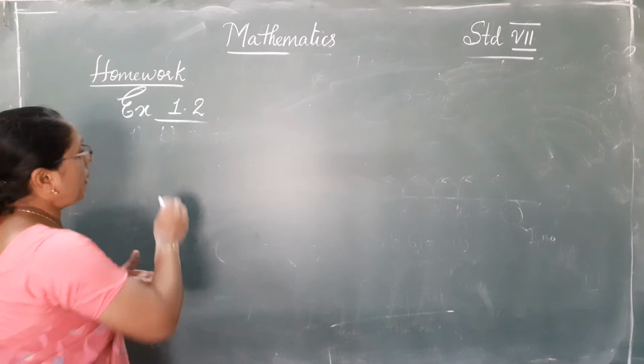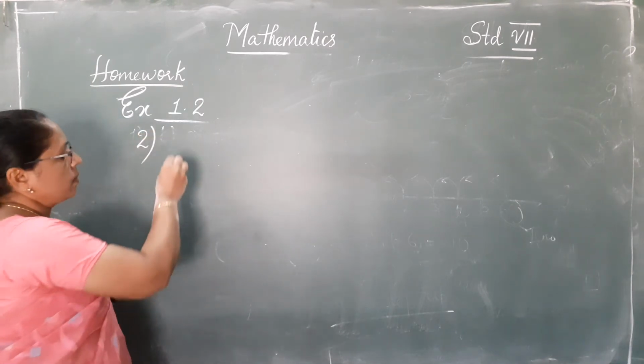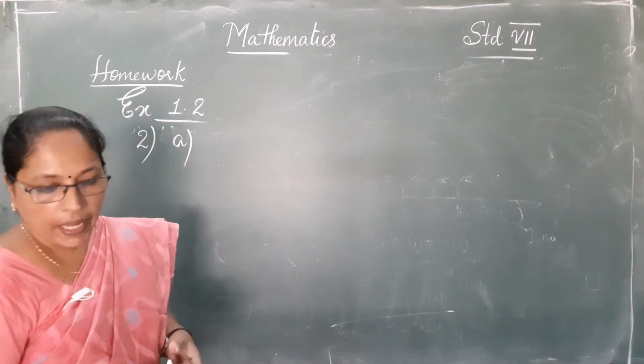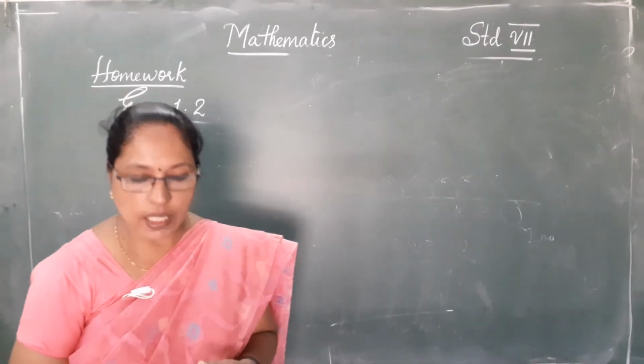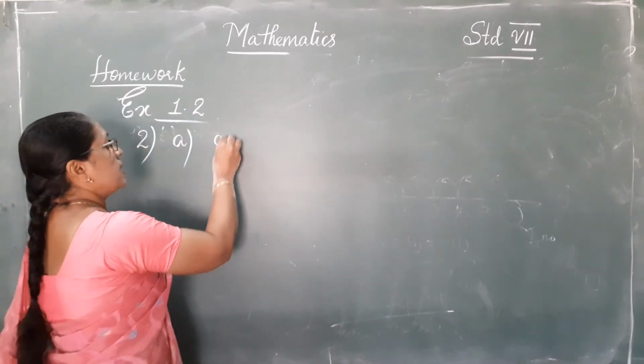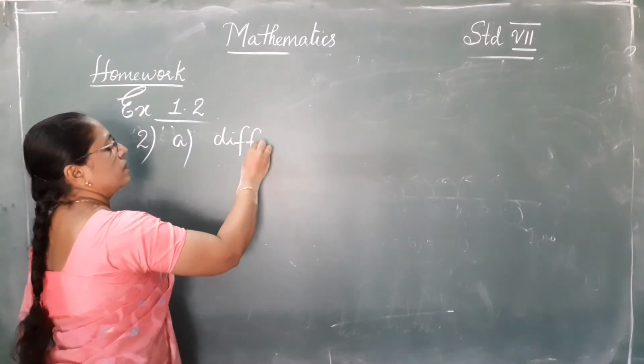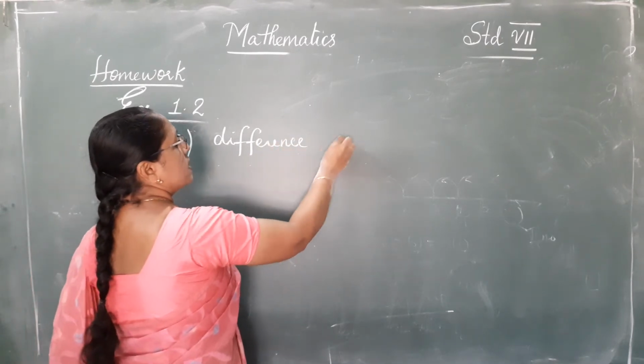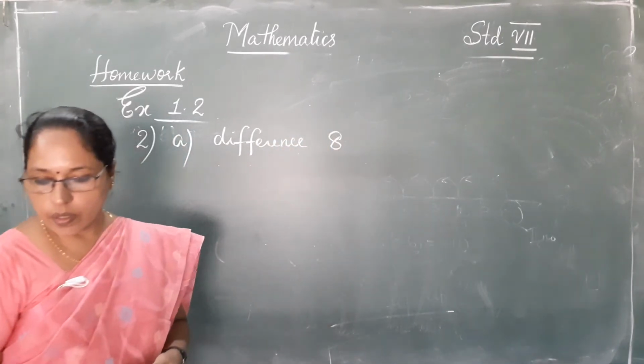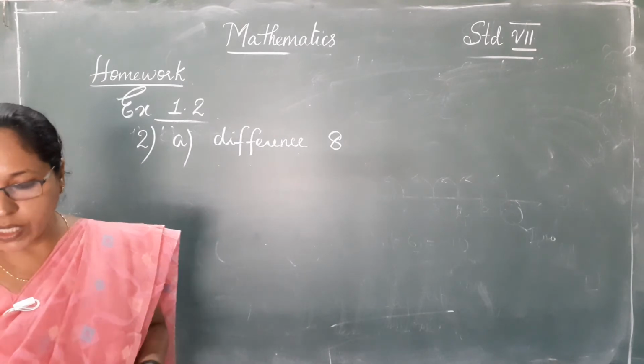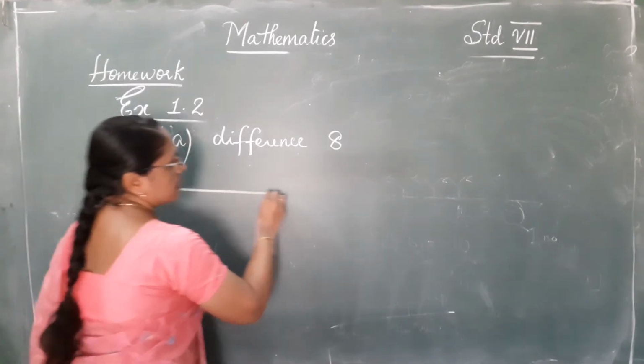Second question, A part. A pair of negative integers whose difference gives 8. Let's take integers.